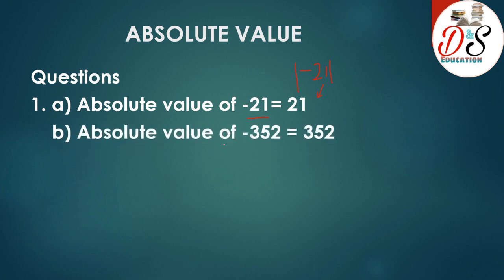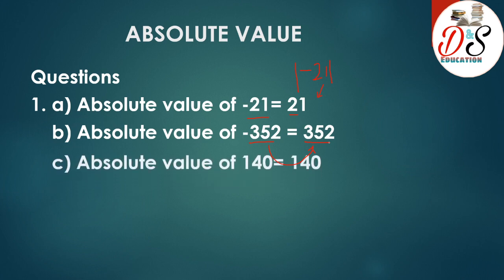Again, we have to find the absolute value of -352. The absolute value of -352 is +352. Although we are not putting a plus symbol in front of these numbers, we consider these integers to be positive integers. As there is no sign, we consider the integer a positive integer.